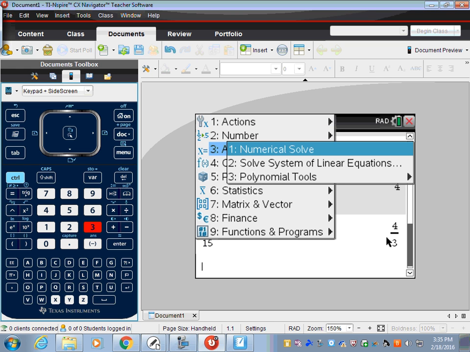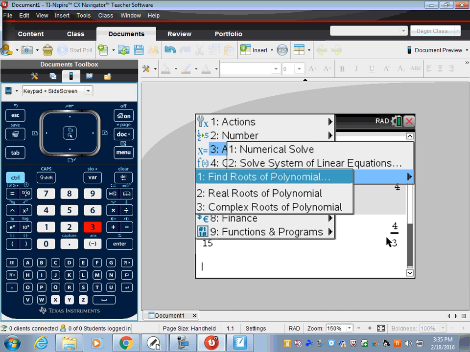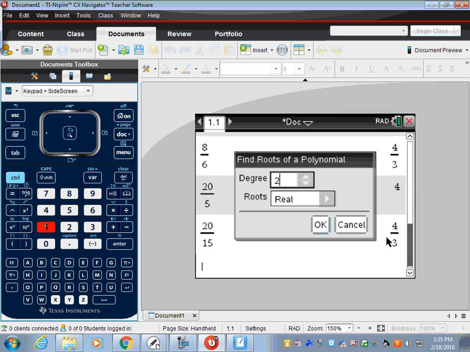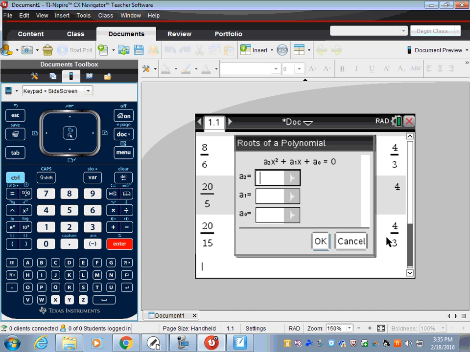It says numerical solve system. We want the polynomial tool, so 3 again. Find the root, real root, complex root. We're going to just find the root, okay? That's 1. What's our degree on our exponent? 2, okay? So everything right there is fine. Hit OK.